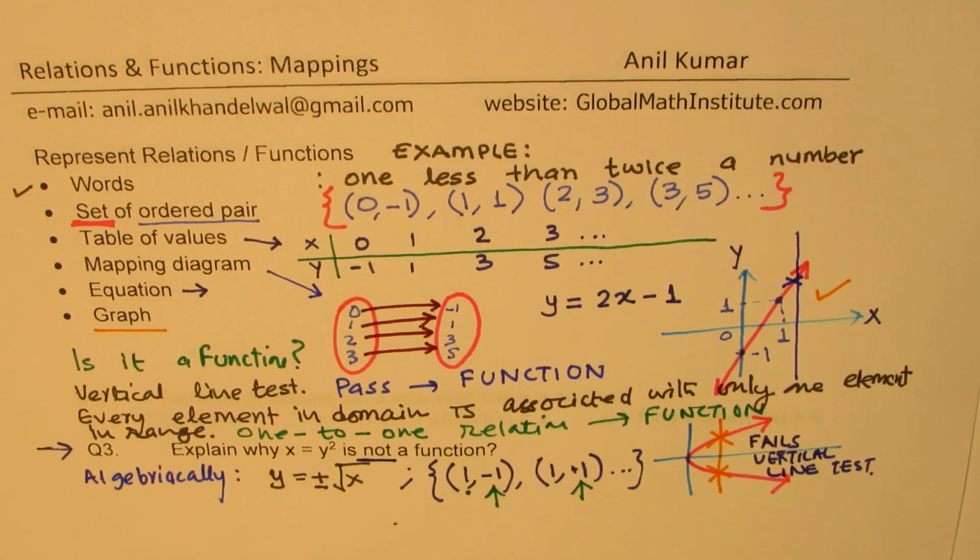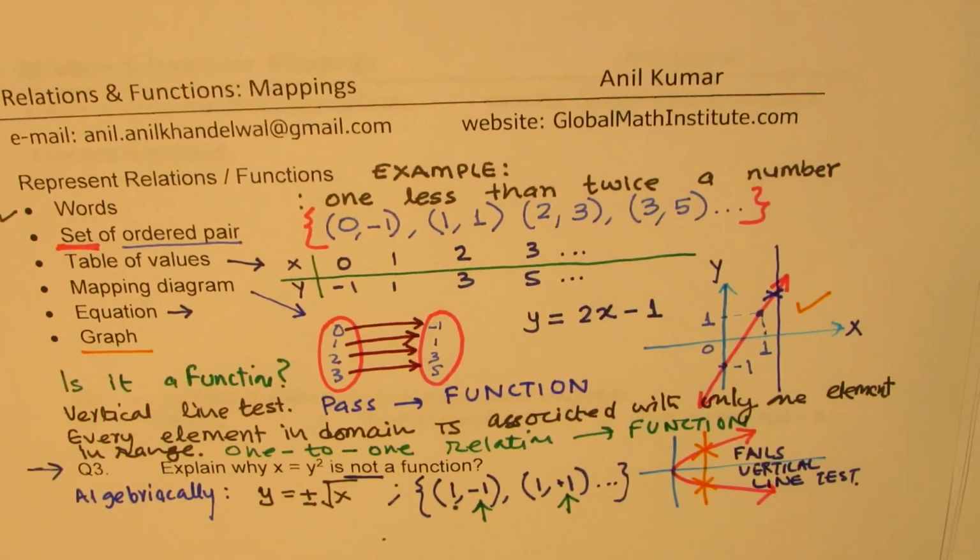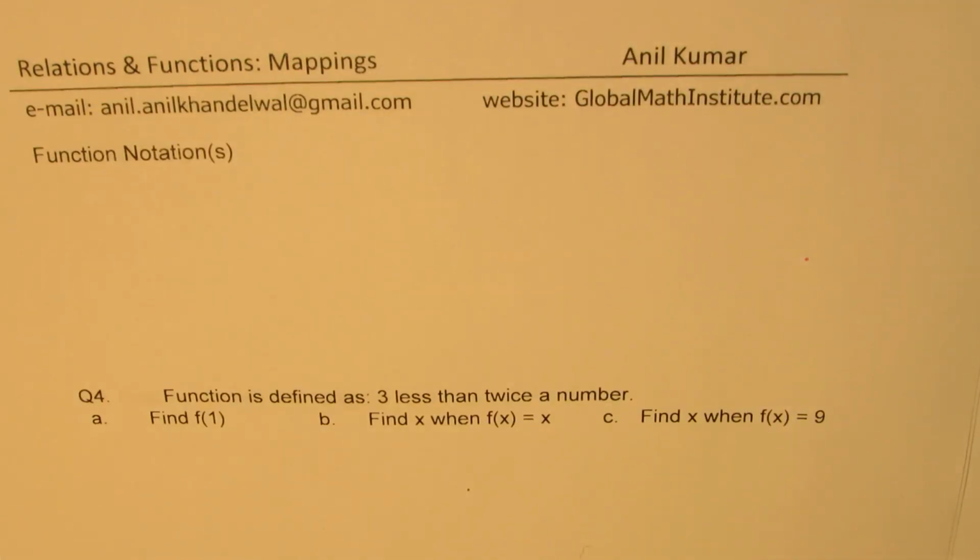Now let's move forward and take up different ways of writing our functions. We call it function notation also. So now we are going to discuss how we really work with these functions. There are many ways in which we represent these functions.